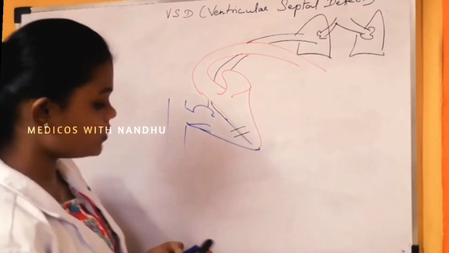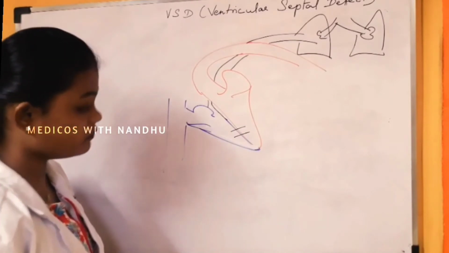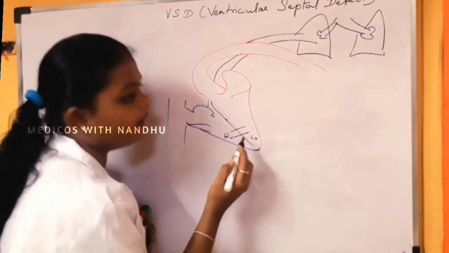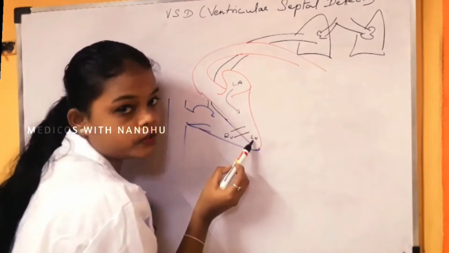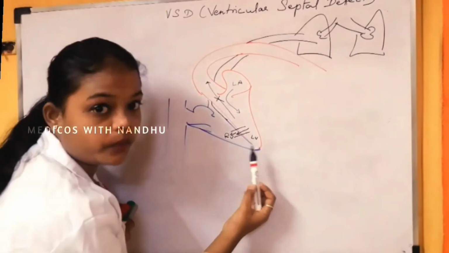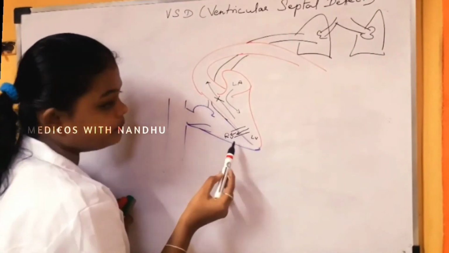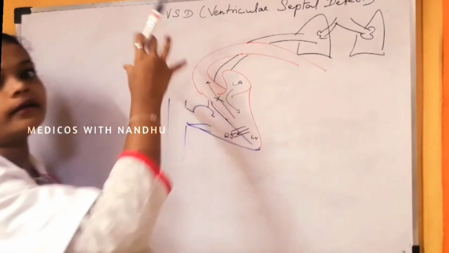First of all, what happens: the blood from the left atrium reaches the left ventricle, and there is a defect in the septum here. The blood from the left ventricle reaches the right ventricle, and the blood does not move forward to the aorta.